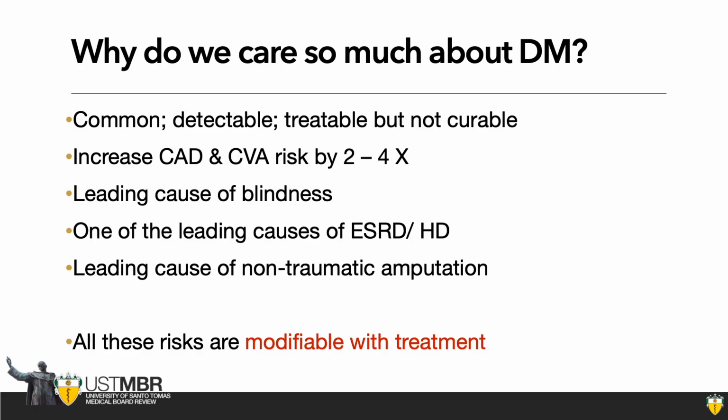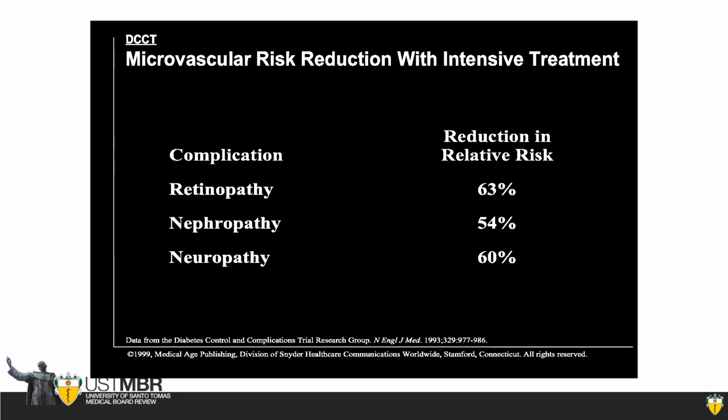Why do we care about diabetes? Because they're at higher risk for macro and microvascular complications. And it's known that if you have better glycemic control, there's reduction in microvascular complications of retinopathy, diabetic kidney disease, and neuropathy.